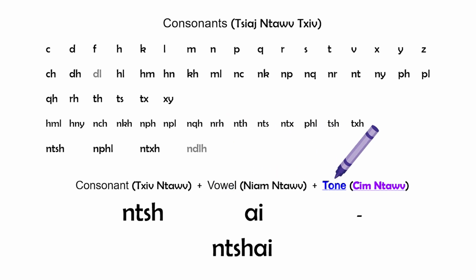In this example, cho is the quad consonant, I is the vowel, and ki wa is the tone. And so, when we read this all together, we will read it like this: cho I ki wa chai. This means afraid.